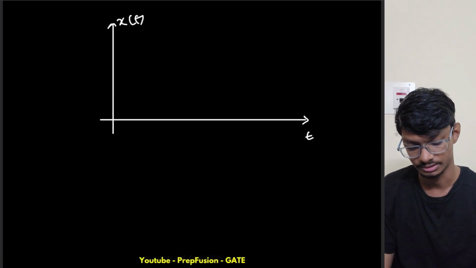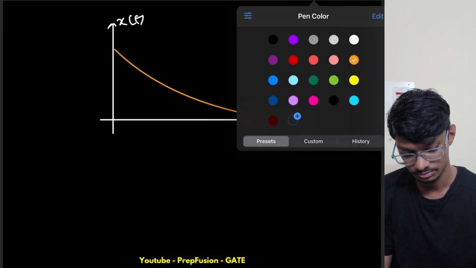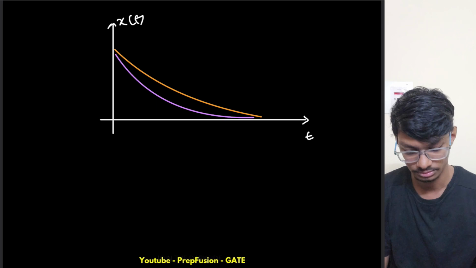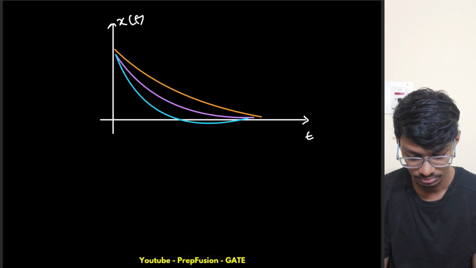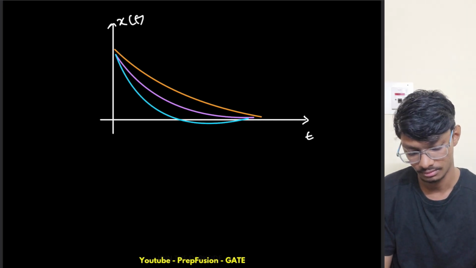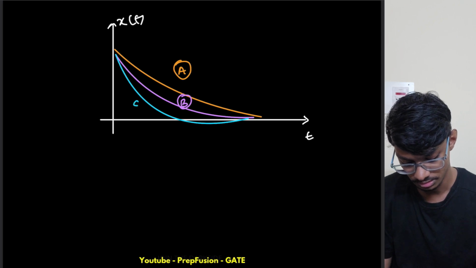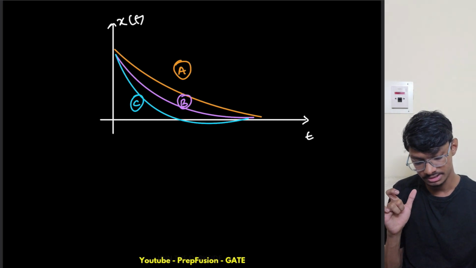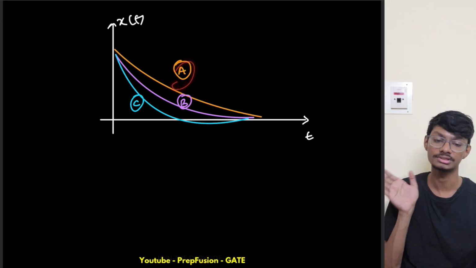We have three signals: this is A, this is B, and this is C. What you observe is that this one is reaching its steady state much faster, this one a bit slower, and this one much later.